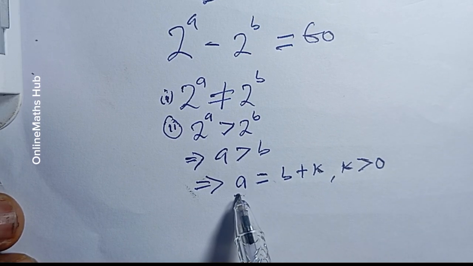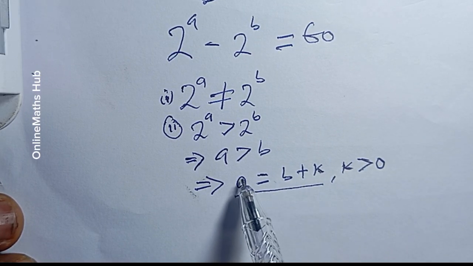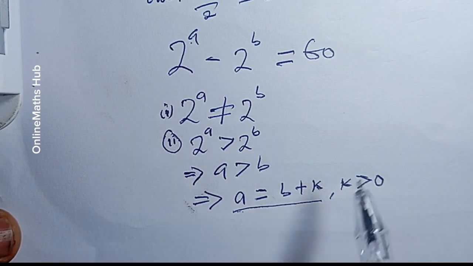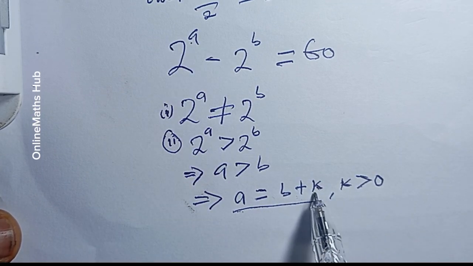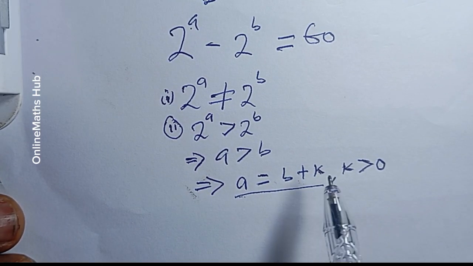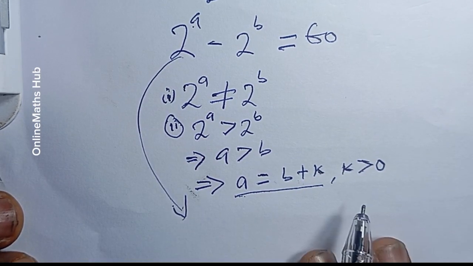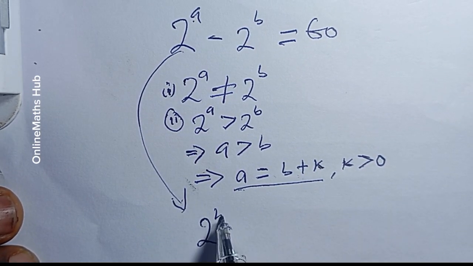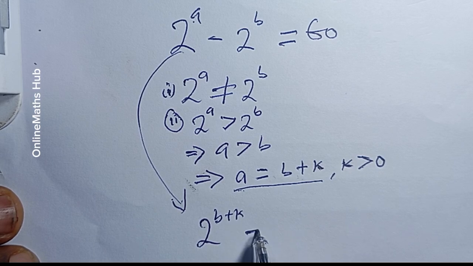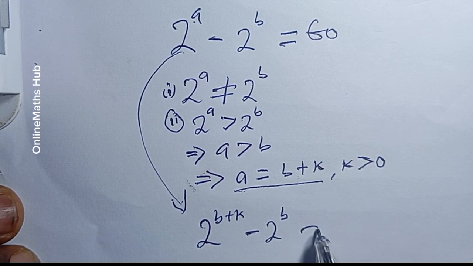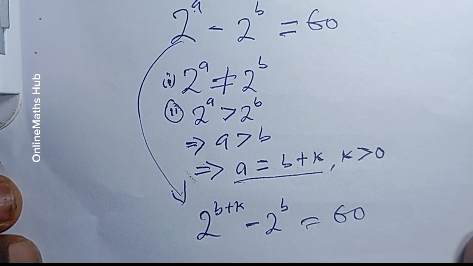If that is the case, we can go ahead to replace this a we have over here with b plus k. Coming over here, what I will be having is 2 power b plus k minus 2 power b is equal to 60.